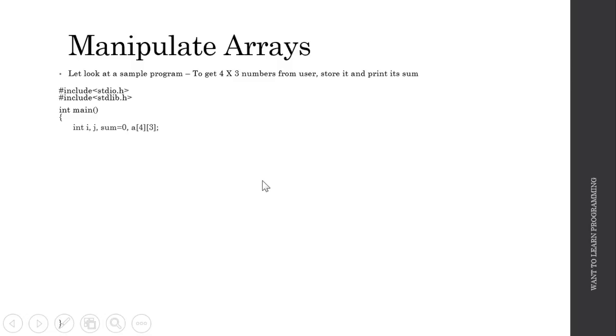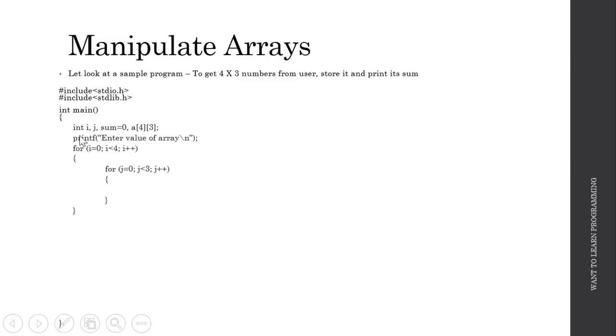Next, we ask the user to enter the values of the array, that is enter all the numbers present in the array. To store these values, like in the 1D array, we use two for loop statements instead of one which was used in the 1D array. First, we have for i is equal to 0, i smaller than 4, i plus plus. Next, j is equal to 0, j is smaller than 3, j plus plus.